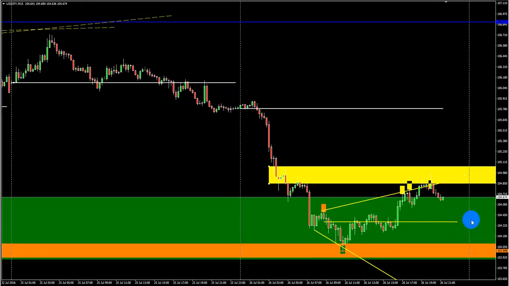With first target around 104.40 and final target at the top of this megaphone line, where the top megaphone line and intraday supply join forces. All right, so now the next few hours are going to be important. We should see the test of 104.40, 104.30, and depending on what's going to happen, that's our next action.